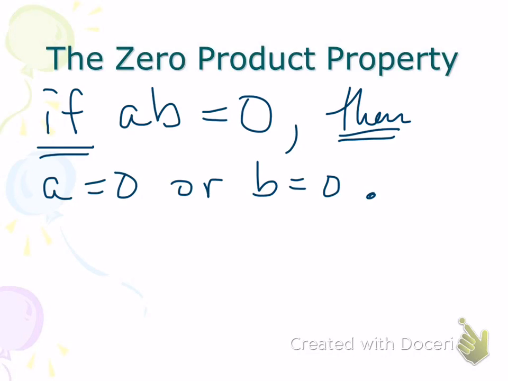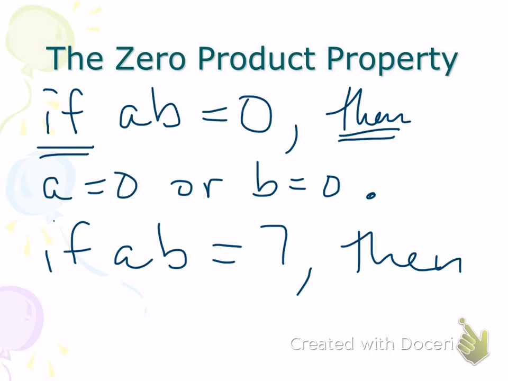If A times B equals 7, can we draw any conclusions? No. We can't draw any specific conclusions if A times B equals 7. We don't know anything about A or B. There's an infinite number of solutions to this equation, right?